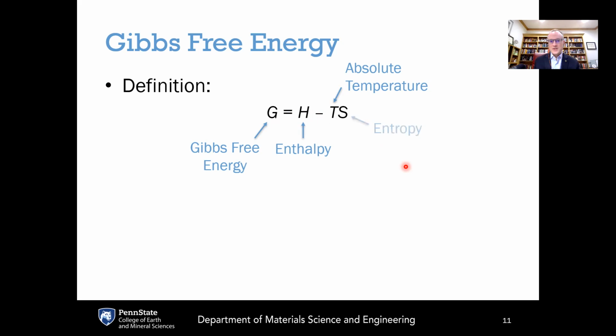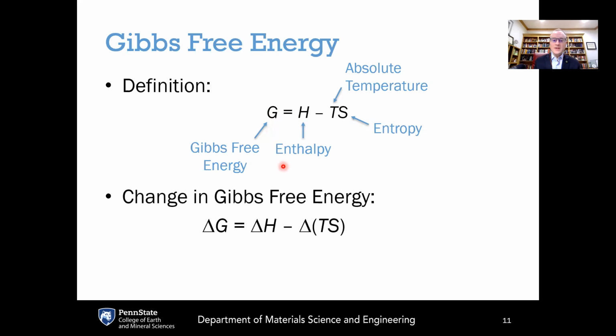Always use Kelvin. And then the S here represents the entropy of the system, which we'll cover in a little bit. Now, when we are dealing with whether a process is spontaneous or non-spontaneous, the relevant quantity is not the Gibbs free energy in an absolute sense, but rather the change of Gibbs free energy between two different states.